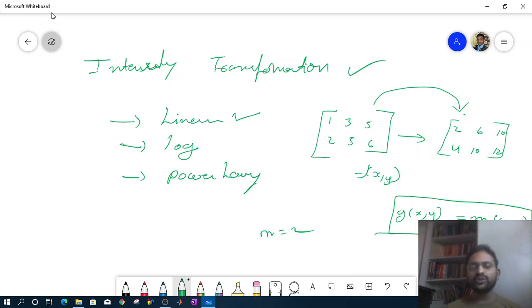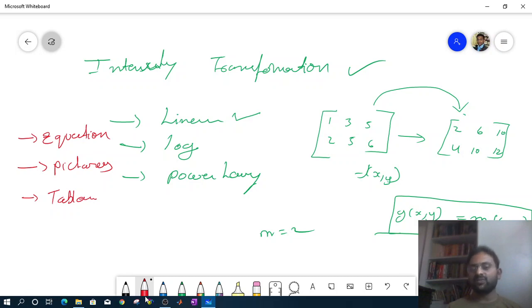And I recommend students to present whatever information you have with equations. The first and foremost thing you need to have is equations. You need to present the information with the equations of the relations, or pictures, or tables.